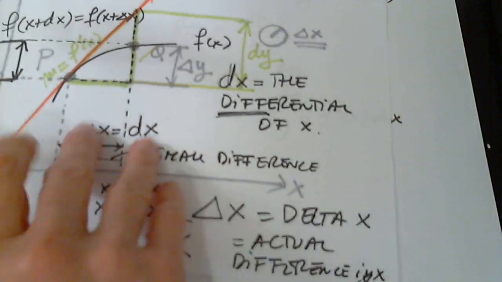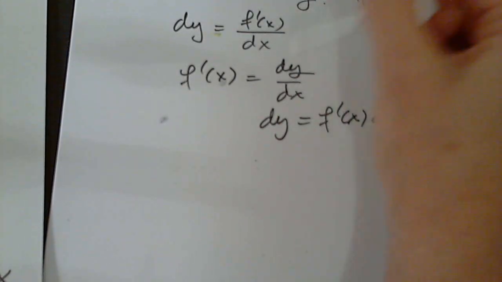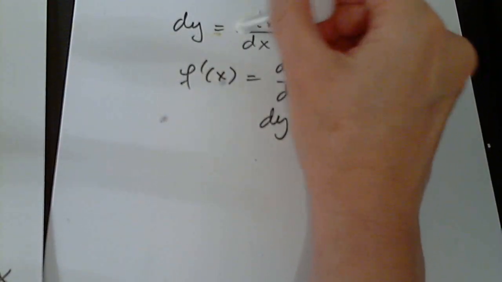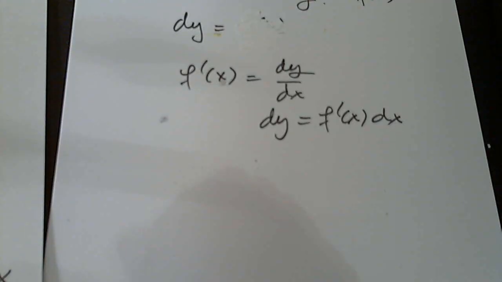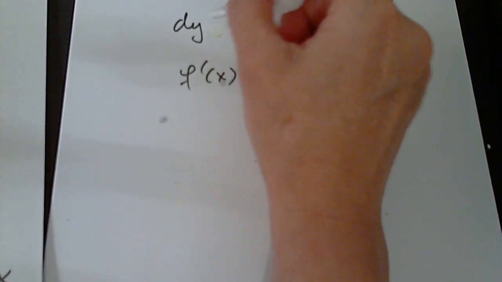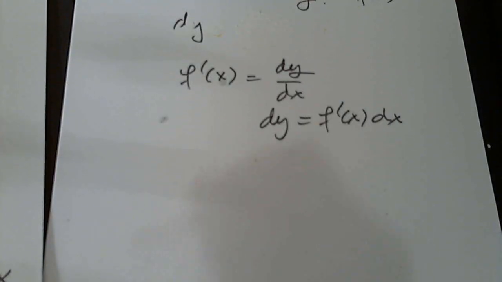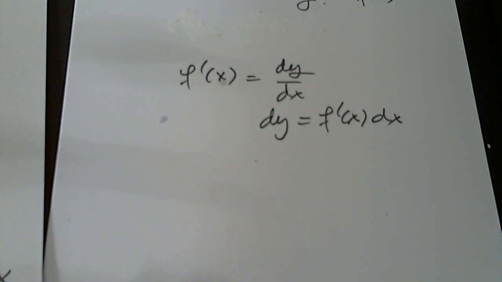F prime of x is dy over dx. And when we cross multiply, we get dy equals f prime of x dx. So I will explain this again, all these four quantities, dy, dx, delta x, and delta y, on Thursday, and then we'll practice.